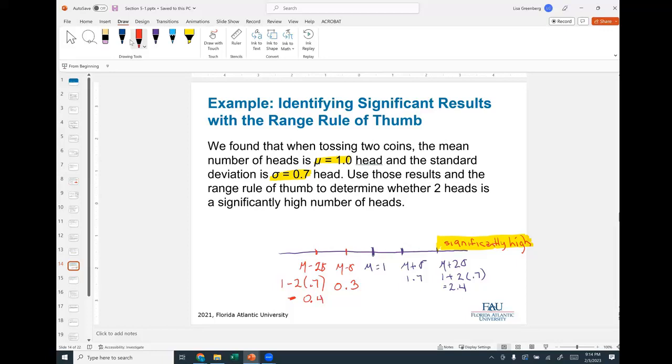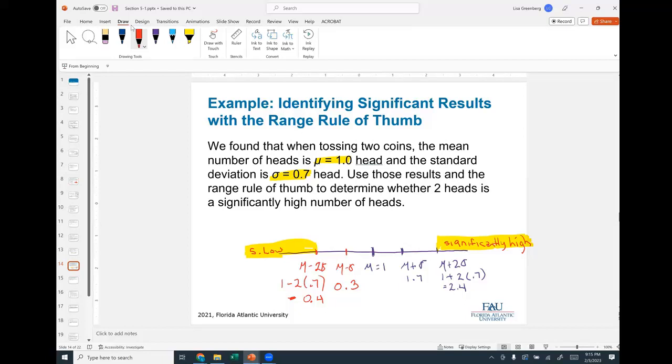Yes, 1 minus 1.4 is negative 0.4. So if I got a negative probability, which I don't think I can get, I would have, I'll just write significantly low, like that, okay?